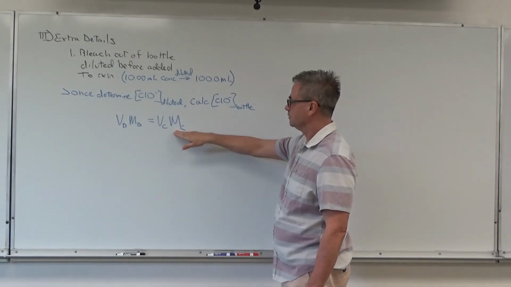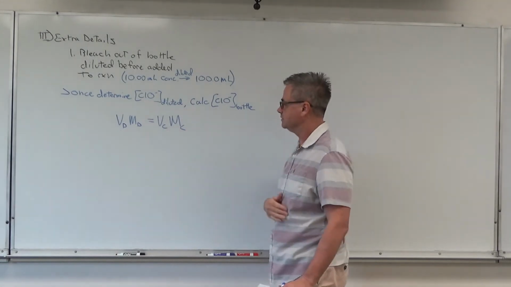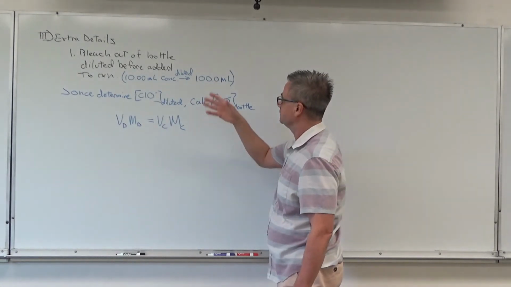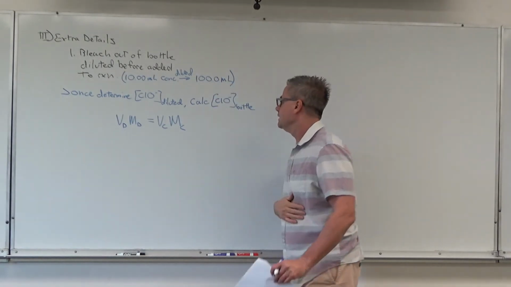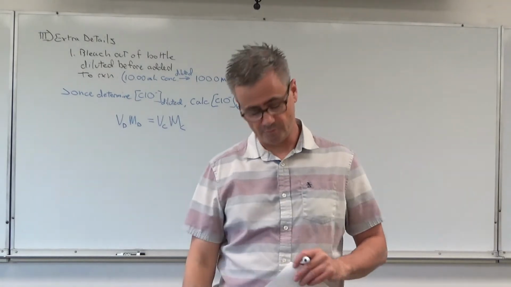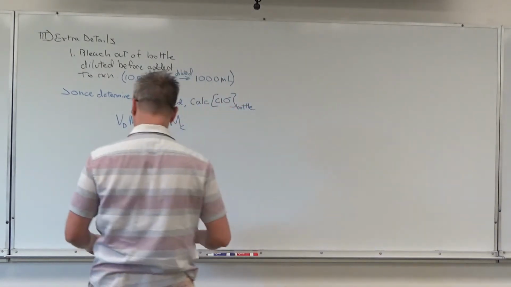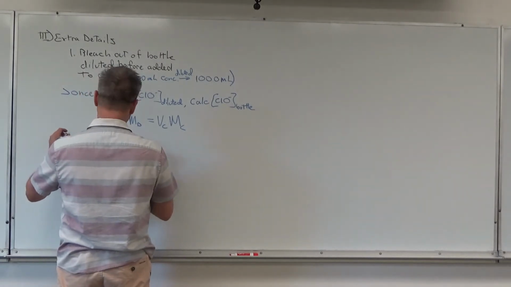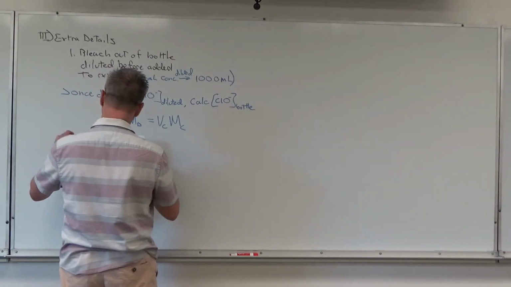So you can rearrange, put the VC on the denominator, and plug in your values, your 10 and your 100, and the molarity of the diluted stuff that you figure out from the titration process. Okay, what I'm going to mention right here.